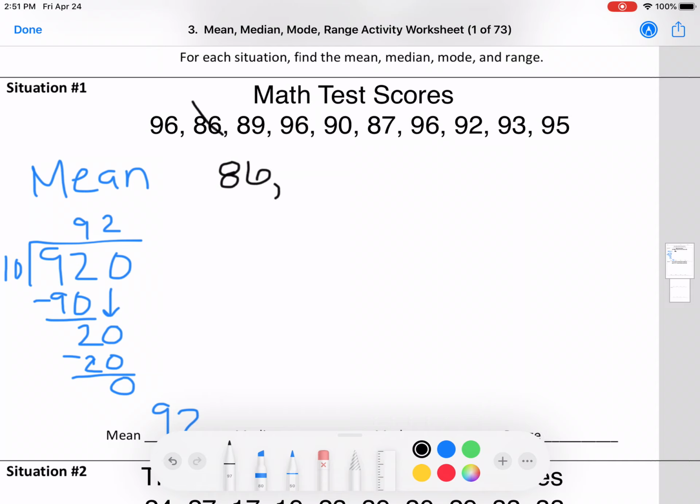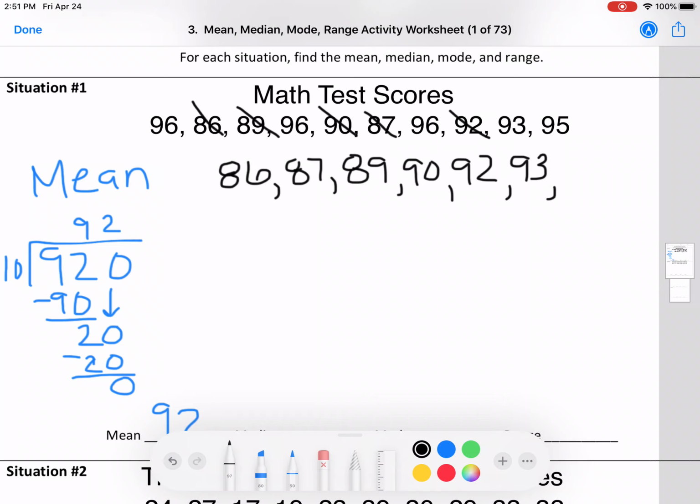Now I look for my next smallest, which is 87. Then comes 89, then 90, then 92, 93, 95.